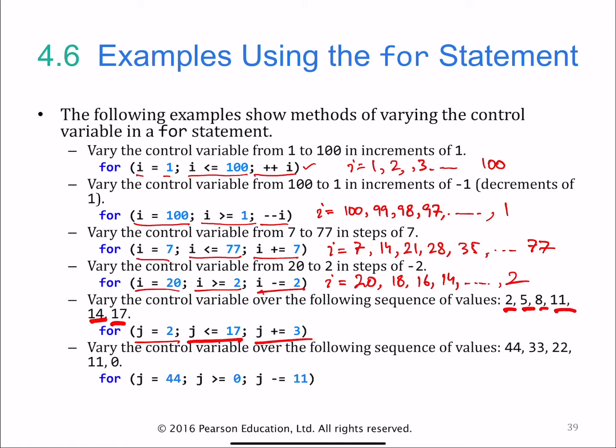And for the last one, j is initialized at 44, runs as long as j is not negative, stays above or equal to 0, and we are subtracting 11 at every step. So over here the values of j in each iteration of the loop will be 44, 33, 22, 11, and finally 0.